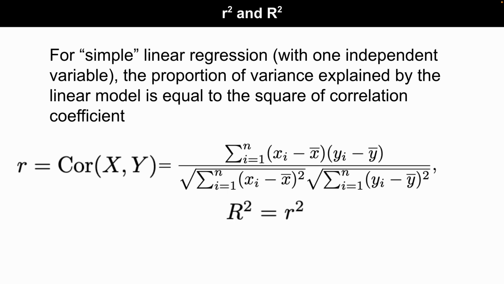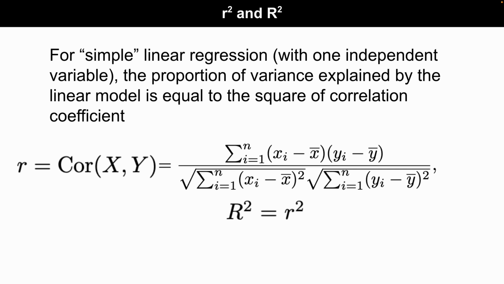So if they vary perfectly like this, then that will be 1. But of course, if they don't vary, that will be close to 0. And if they go in the other direction, then it can also have a negative value. So its range is from -1 to 1. This is the small r, which is the correlation coefficient.